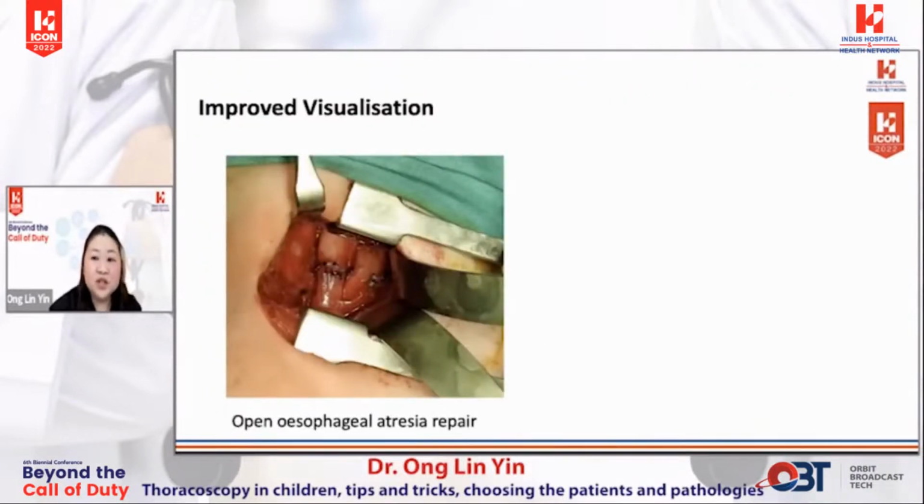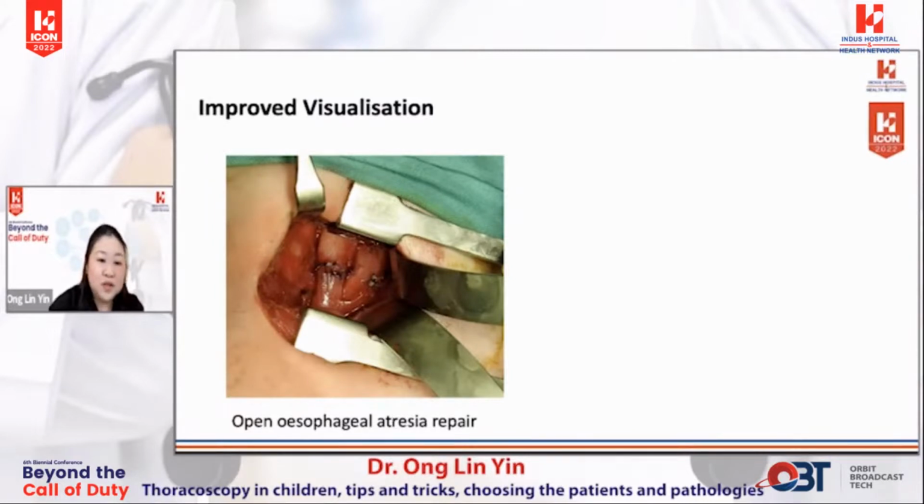MIS also confers the advantage of improved visualization and magnification, and this is no different for surgery in the chest cavity. It was quickly realized that thoracoscopy offered an operative view that was far superior to that in open surgery, and this has continued to improve with advances in optical technology.